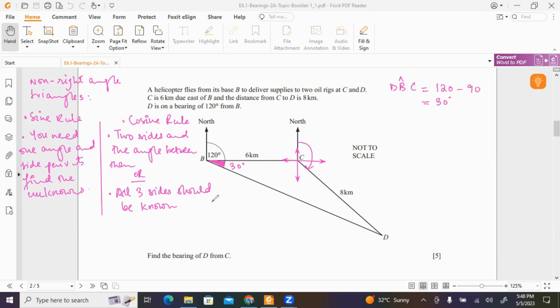Now, when I was talking about one angle and one side pair, I'm talking about this. Over here, we have one angle and side pair.